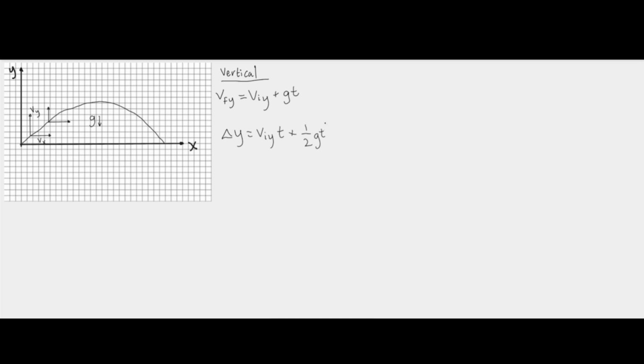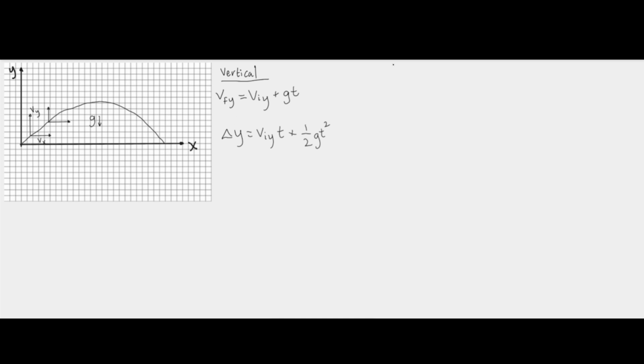This is the triangular component of the velocity versus time graph, just for this vertical component. These two equations look a little different because we've added some subscripts, but they're exactly the same as ones we've learned previously. This is the kinematic equation for velocity, and this is the kinematic equation for position. They describe how the velocity changes in the vertical direction and how position changes in the vertical direction.